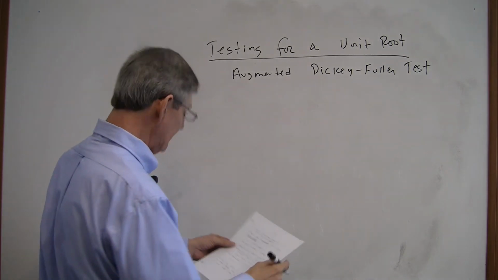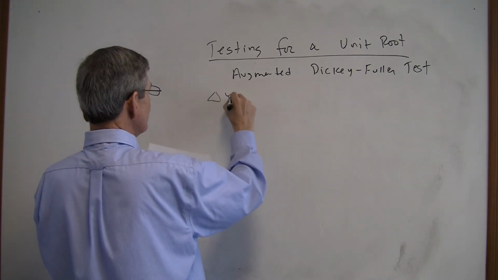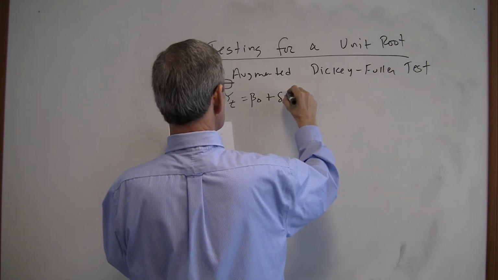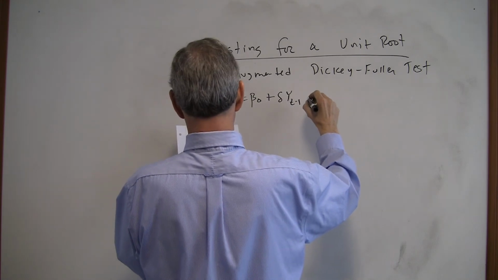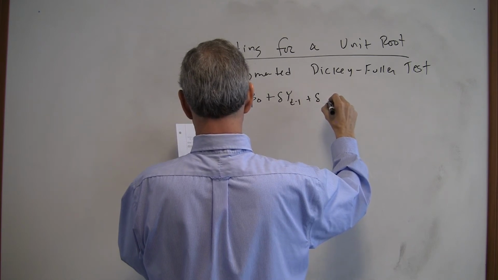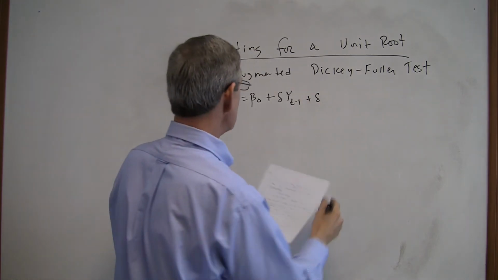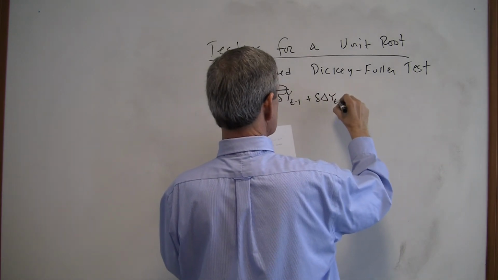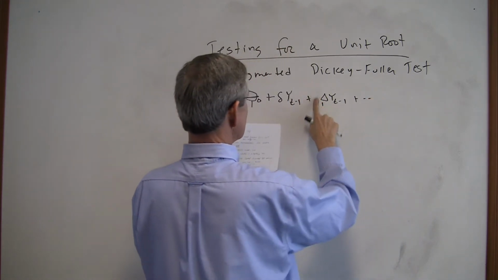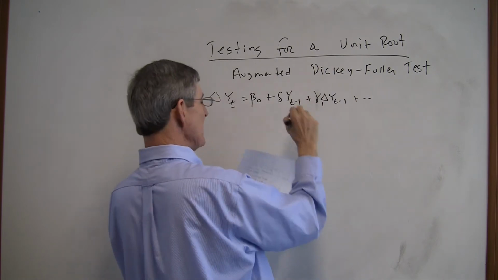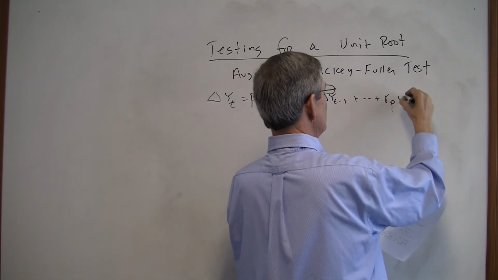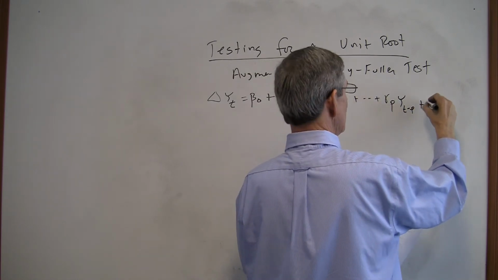So for an AR(p), Δy_t is equal to beta 0 plus delta y_{t-1} plus gamma 1 Δy_{t-1} plus, and so on, plus gamma p Δy_{t-p} plus u_t.